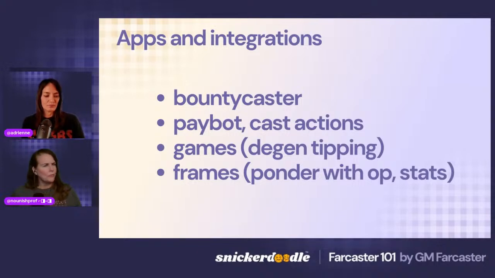I think Wow was the first meme coin that was integrated. And then Paybot, same thing. So if you want to pay somebody in a different token amount, you can do that using Paybot. And you may even see an AI agent paying people with Hire. It does happen using Paybot.